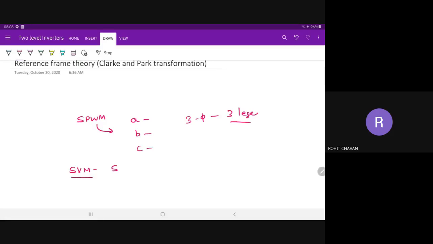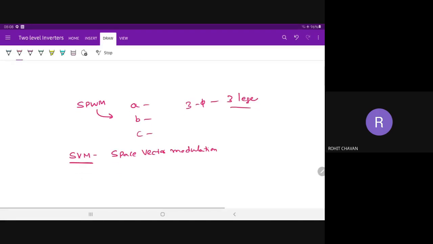Whereas in SVM, that is space vector modulation, you can directly control the three phases in the inverter.